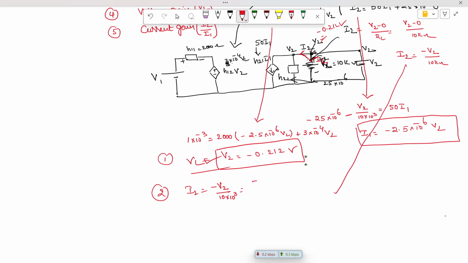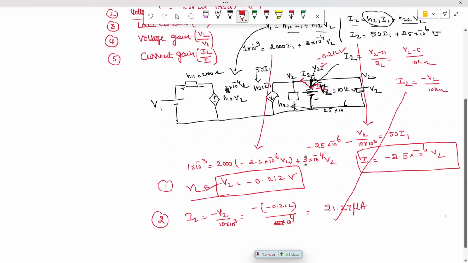This can be written as minus, what is the V2 value? Minus 0.212 divided by 10 into 10 to the power 4. So when you perform this, you are going to get the current as 21.27 microamperes.